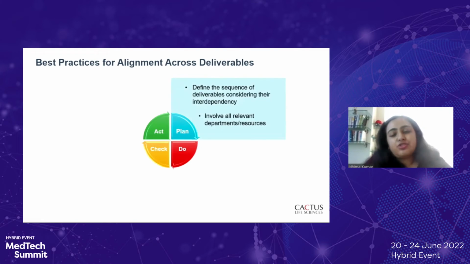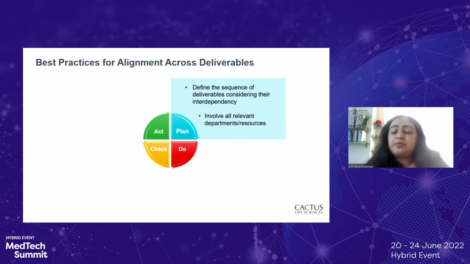At the planning stage, we can define the sequence of our deliverables, considering the interdependency. The timelines that we plan out for our deliverables for each product can be planned in such a way that we keep this interdependency and interconnectivity in mind. What needs to be done first versus later, all of those things can be kept in mind.